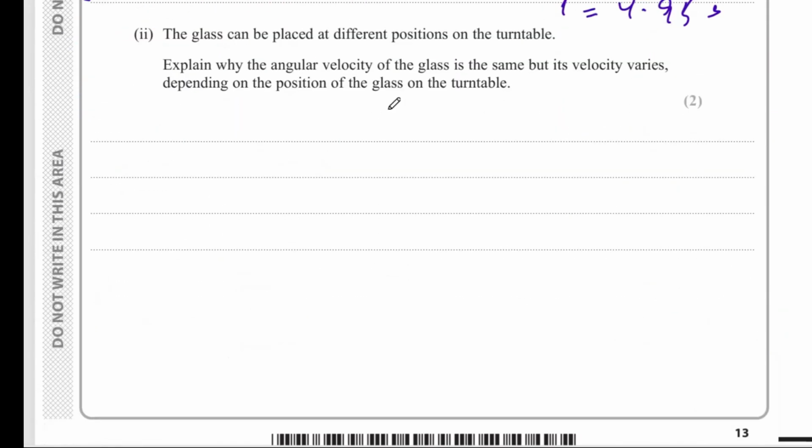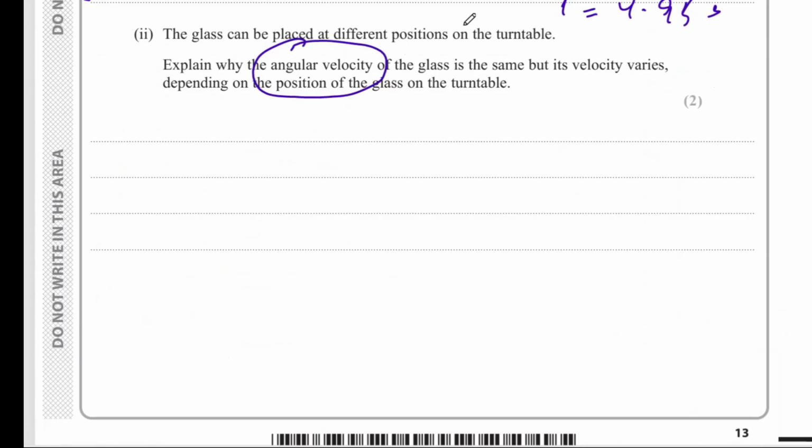Then I've got this second part. The glass can be placed at different positions, right? Explain why the angular velocity of the glass is the same, but its velocity varies depending on the position of the glass on the turntable. Over here, it is a 2-marker question, but you need to remember one thing: the direction of the angular velocity can be determined by using the right-hand rule, right?